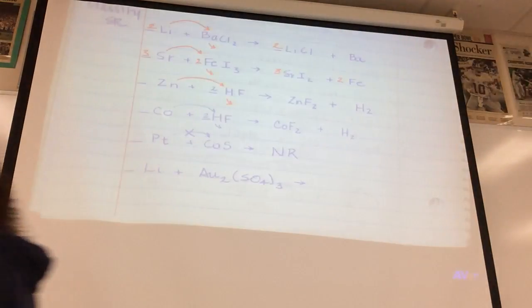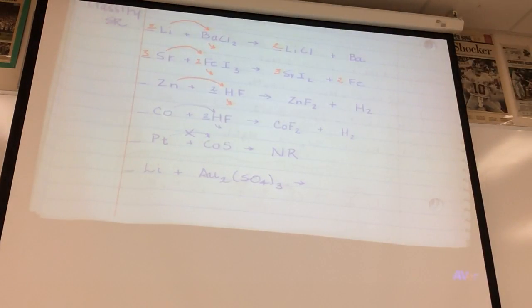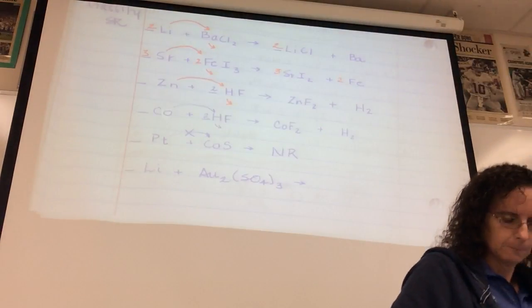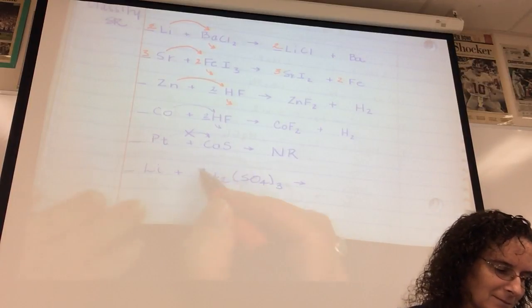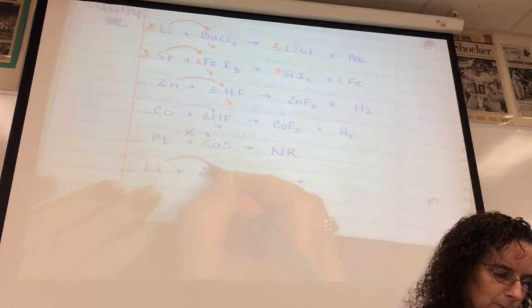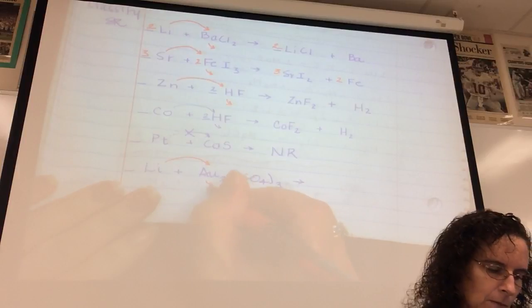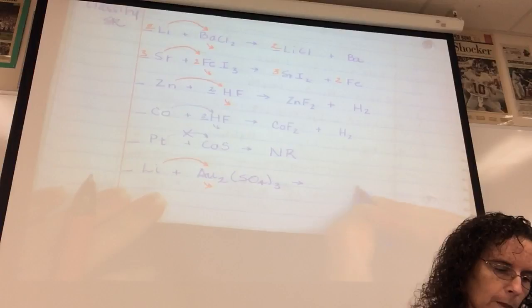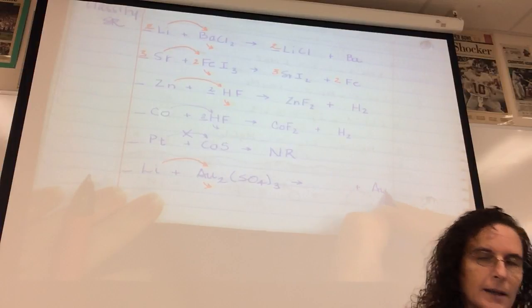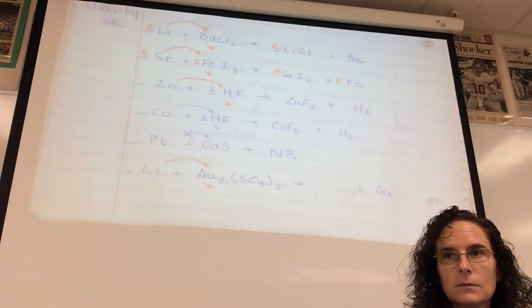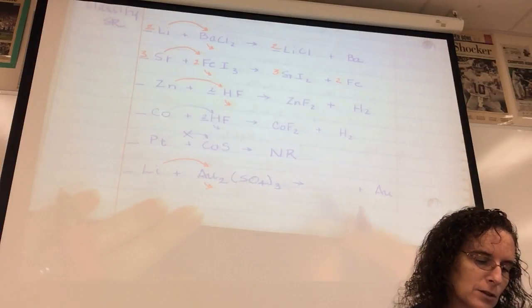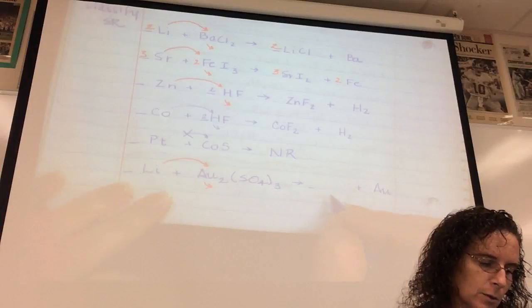Yes, it is. So what gets bumped out on its own? Au. Should I keep the 2 on it? No. And now we need to formula write that product. How do we do that?